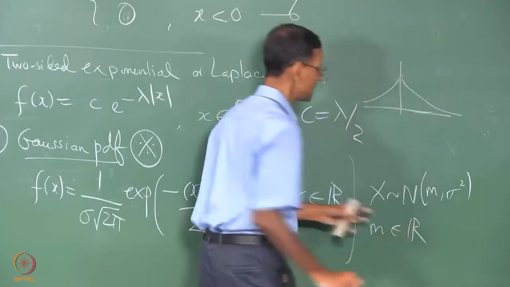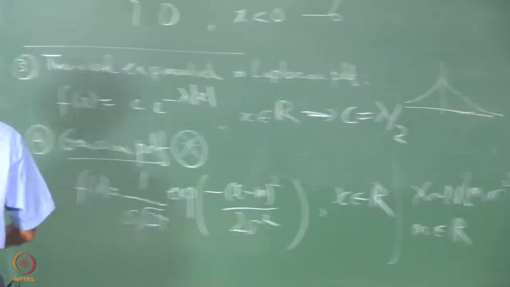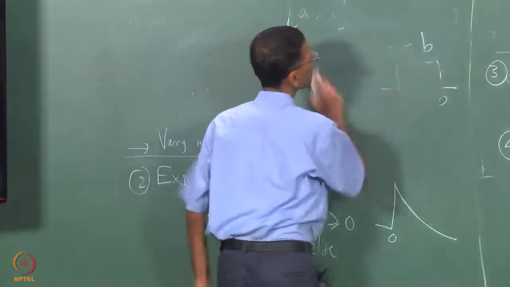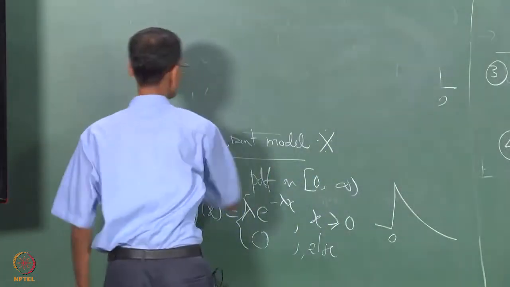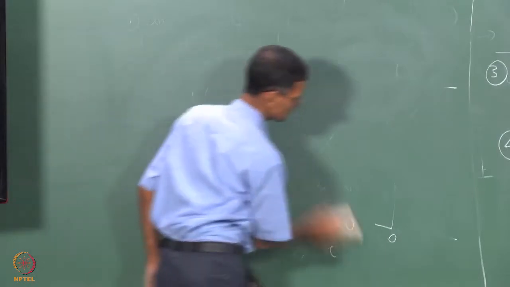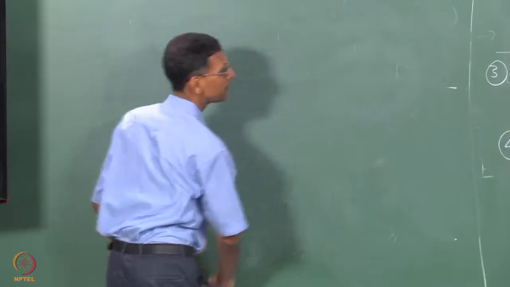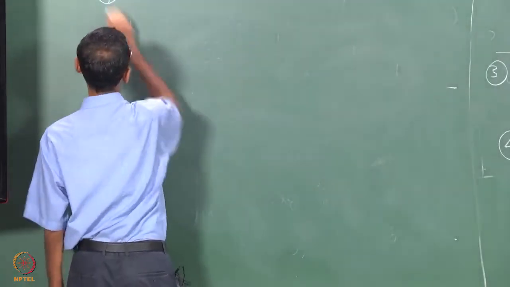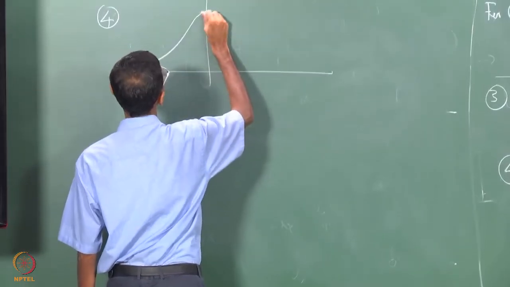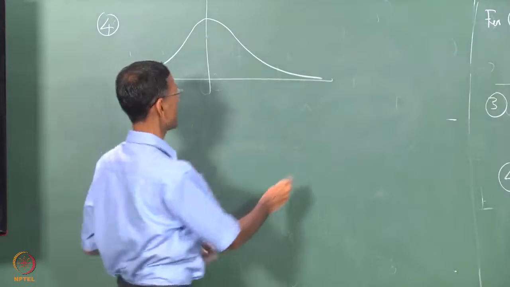Turns out that M is a point of symmetry of this PDF. So we have to look at what it looks like. The famous bell-shaped curve. I can't do justice to it. This is the best I can draw.